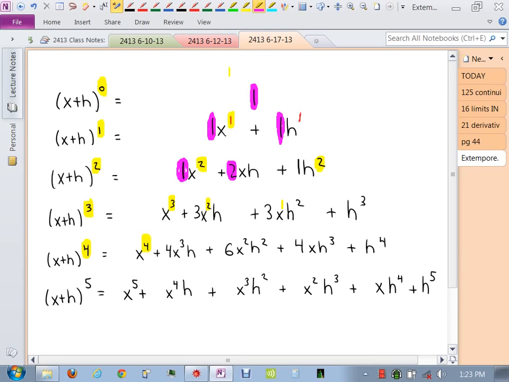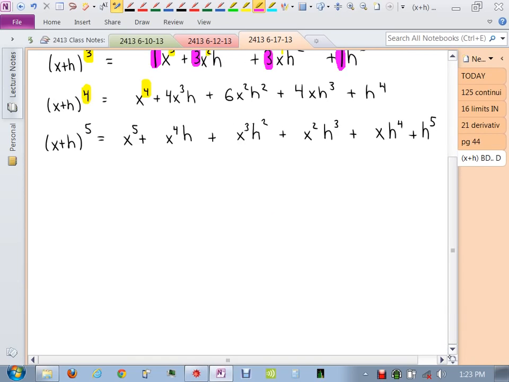The next row was 1, 3, 3, 1. Do y'all see that? Those numbers come from something called Pascal's triangle. So I'm going to go just below this and show you Pascal's triangle.